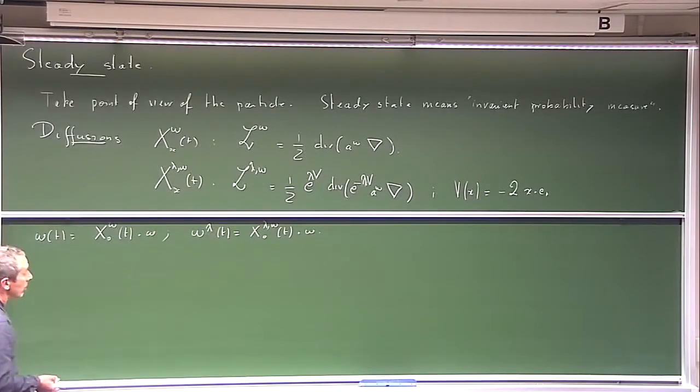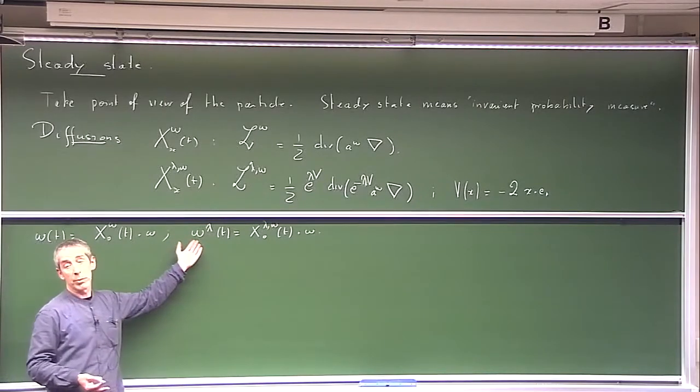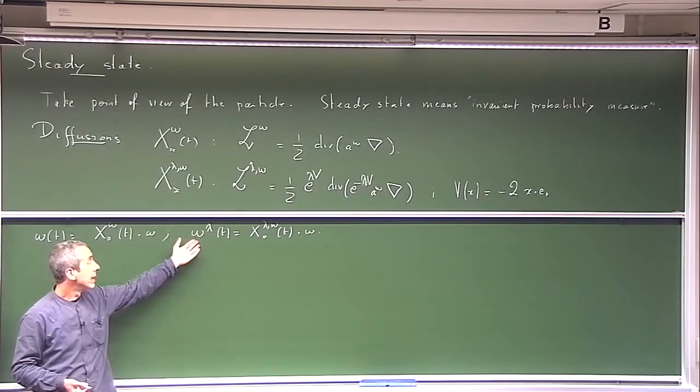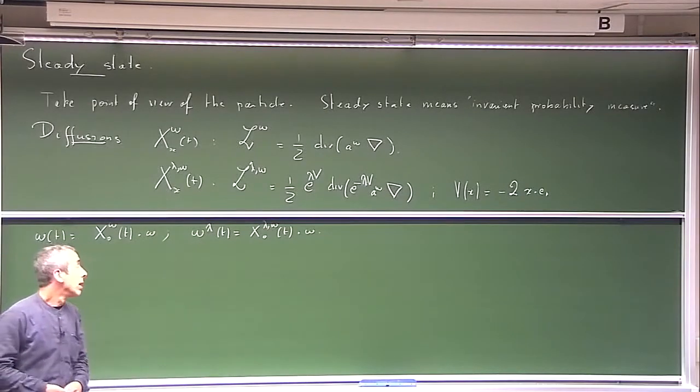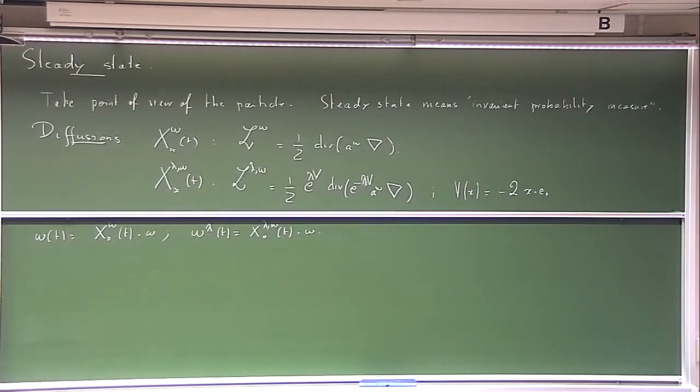Then there are questions about the existence of an invariant probability measure for this process. This is a process that lives in a rather big space, in the space of environments. So you can ask about the existence of invariant measures, and you can ask about the uniqueness.